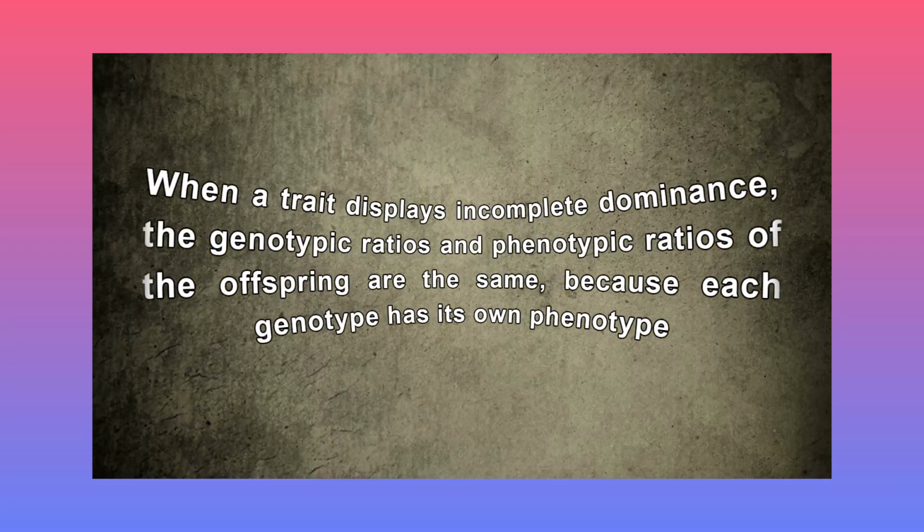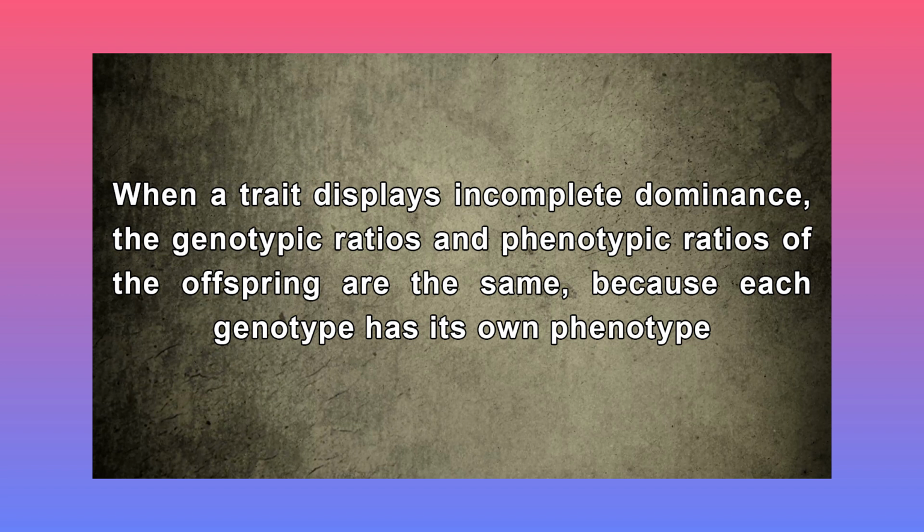The genotypic ratio among these progeny also is 1:2:1, as against the typical phenotypic ratio of 3:1. When a trait displays incomplete dominance, the genotypic ratios and the phenotypic ratios of the offspring are the same because each genotype has its own phenotype.